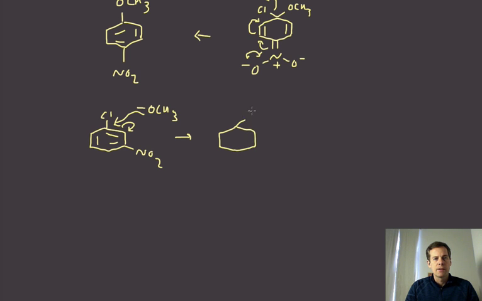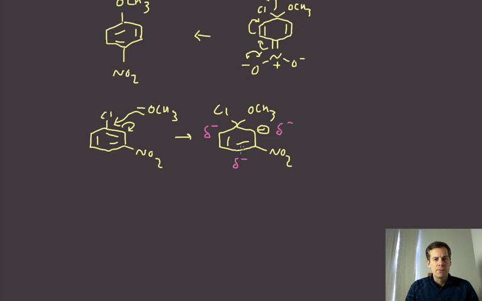Okay, when we do that, we get to this intermediate, and we've still got an anion. But now that anion isn't stabilized, at least not by resonance, right? So we could draw different resonance forms around the ring, and I'll skip that for now, but if you do that, you'll see that there's partial negative charge there, partial negative charge there, and then of course where we've got it in this resonance form there.